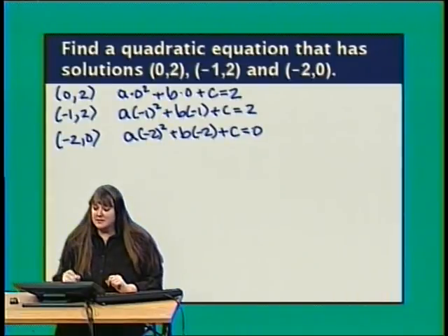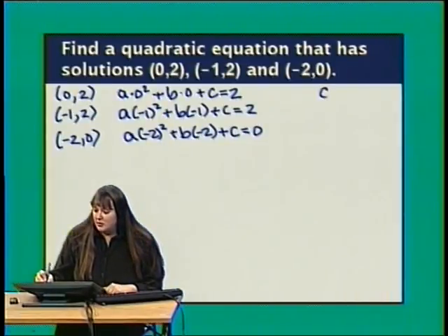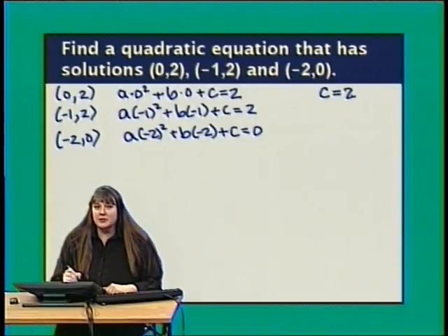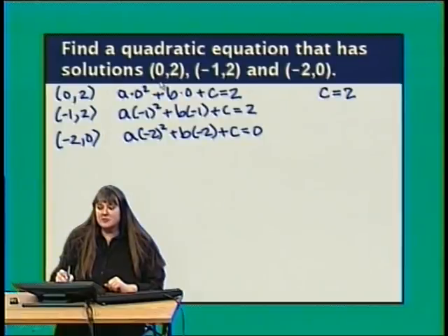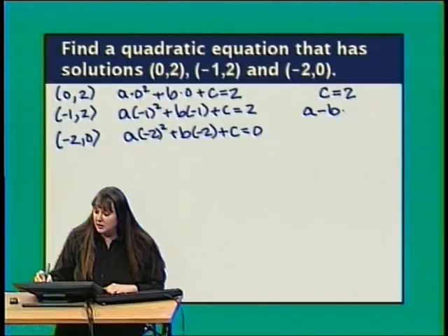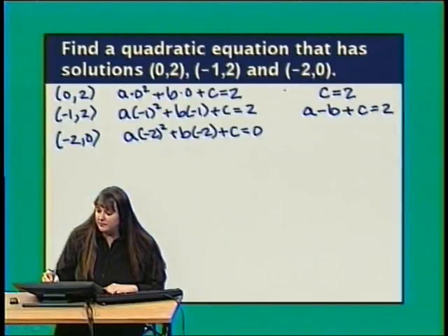So what happens when I simplify these 3 equations? Well, the first equation tells me the value of c again. C equals 2. Notice that's because we're given the vertical intercept of our parabola, (0, 2). The second equation is a minus b plus c equals 2.